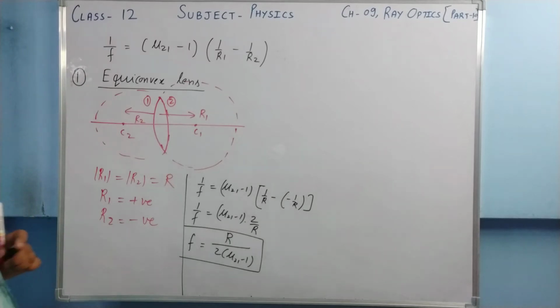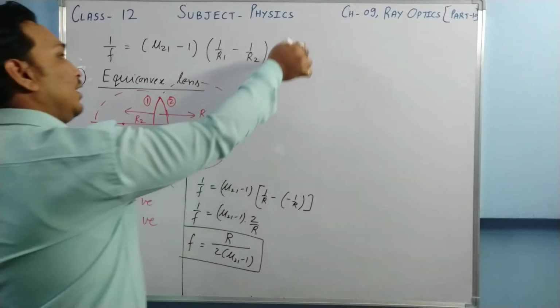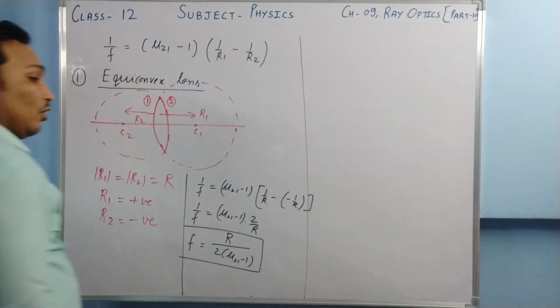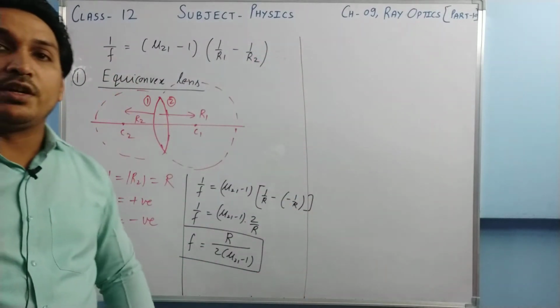So this is the formula for focal length if the lens is equiconvex. We can use it directly for an equiconvex lens.